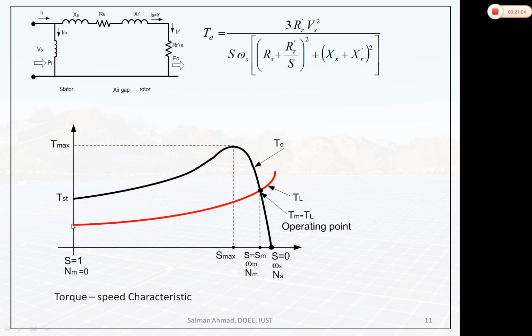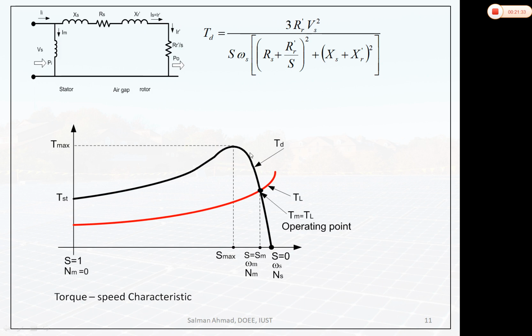Now for example we have some kind of load with characteristics like this. The intersection point of the load torque characteristic and the motor torque characteristic gives the running speed. So at S equal to Sm, the motor speed will be omega m or Nm. The motor is running at this point. Here you can see that the slip is very small, so efficiency will be very high.